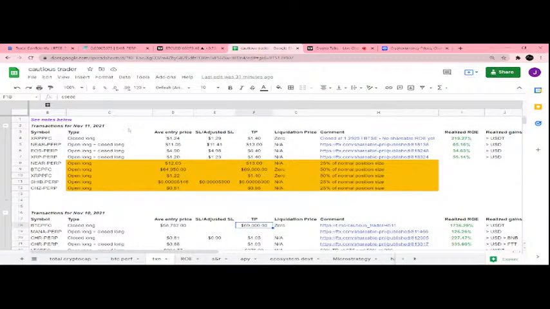And then what else? This is just some of my scalp trades for today. NEAR, EOS, which I was looking at yesterday, and I closed a bit of XRP. It's actually, I got stopped out.